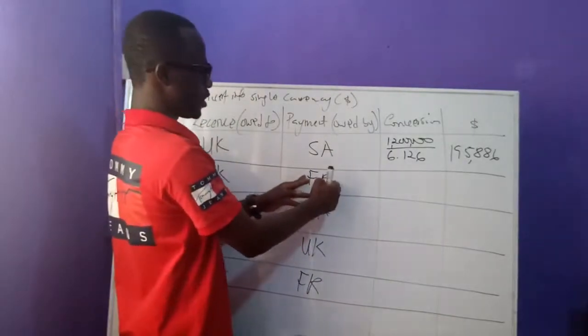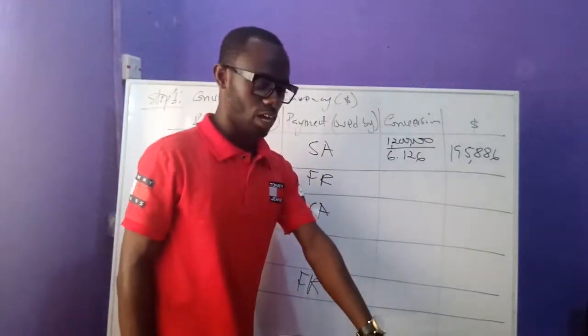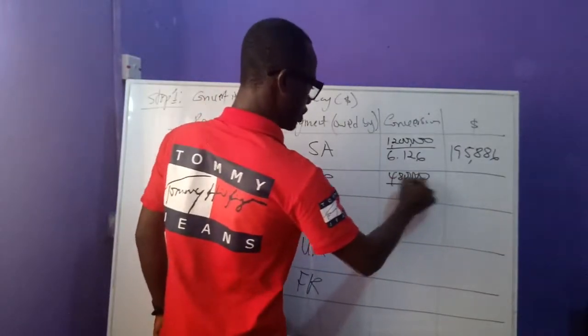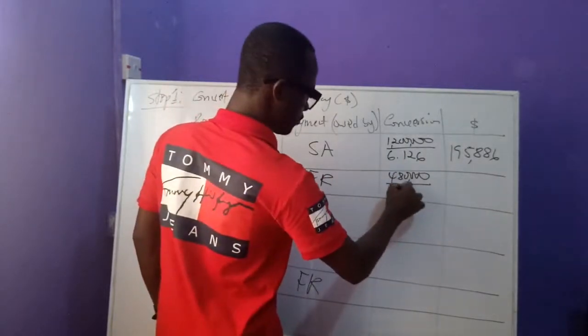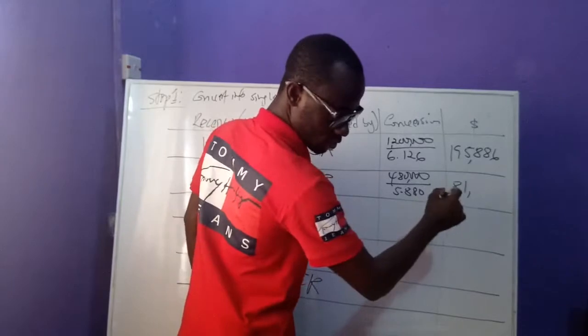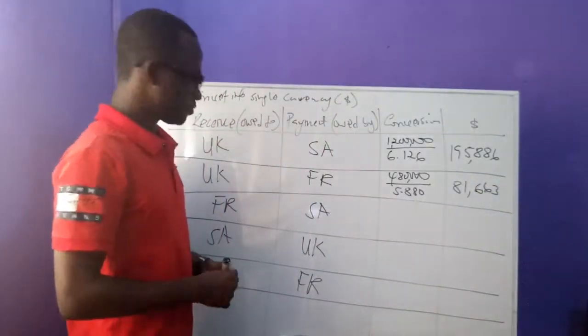Then we go to the UK company. Now the France company owes the UK company an amount of 480,000 euros. So we convert the 480,000 euros into dollars, and the exchange rate is 5.880. When we divide up, we will get 81,663 US dollars.